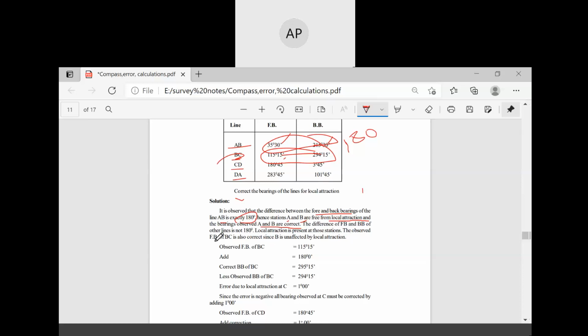The observed forward bearing of BC is also correct since B is unaffected by local attraction. Can you see the difference between this line's forward bearing and back bearing? Let me check. 294.15 minus 115.15.